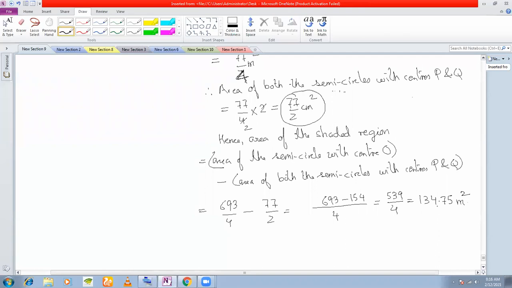So that is how you should be doing this sum. Any questions on this sum? No, sir. I'll move on to the next sum and the last sum from circles.